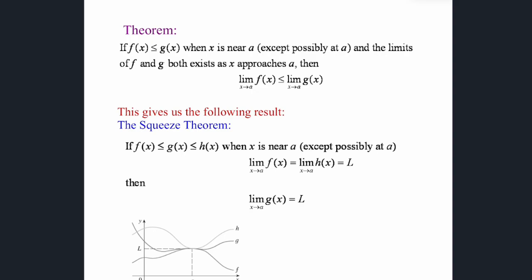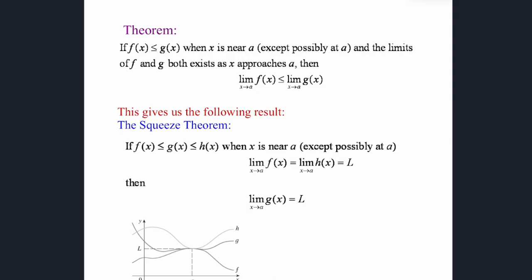So at that location, it better have the same value of L that the other ones do. Now that only happens if our h function and our f function are meeting up at some exact location. But it just squeezes it in there between the two things.